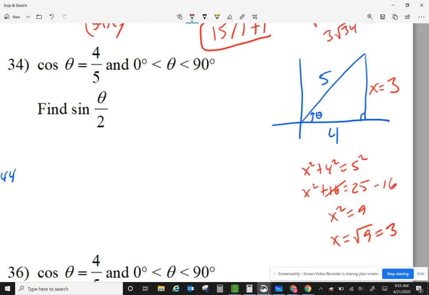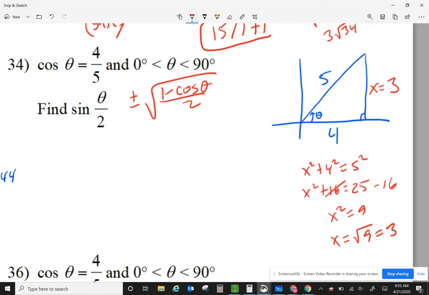For sine of theta over 2, I gave you guys the formula: plus or minus, depending on the context, the square root of 1 minus cosine of theta over 2. I'll deal with the square root at the end. Let me just deal with the fraction first.